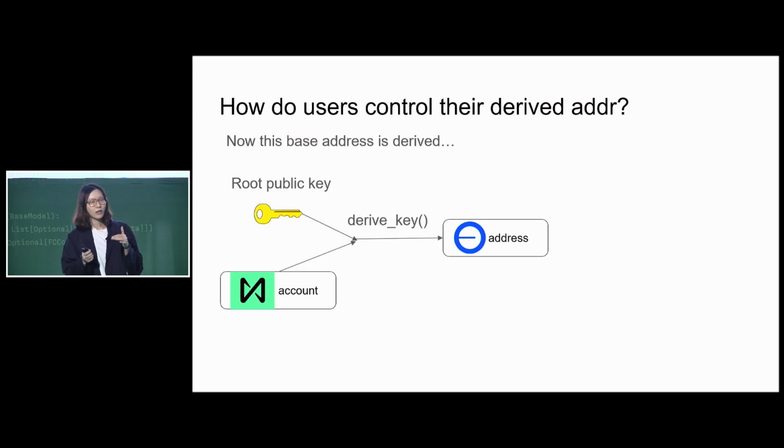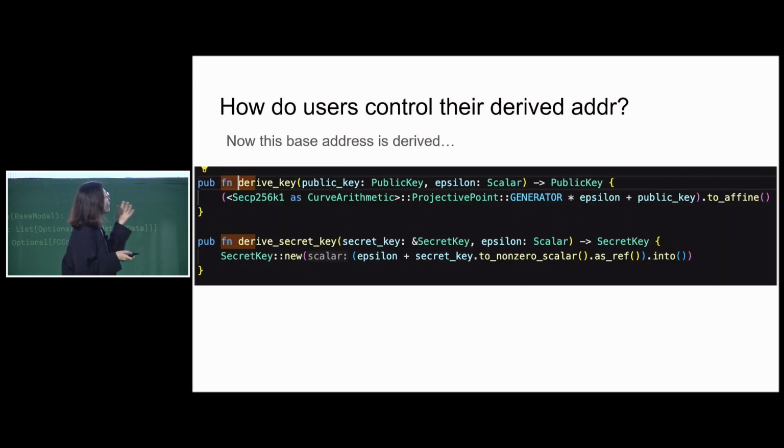Now we come to the case where this address is derived. Remember, previously we said that we derive these addresses with this derived key function, and what goes into it is the root public key and your Near account, and then we get a unique address. Taking a closer look at this code, we see there is this derived secret key function that goes hand in hand with the derived key function.